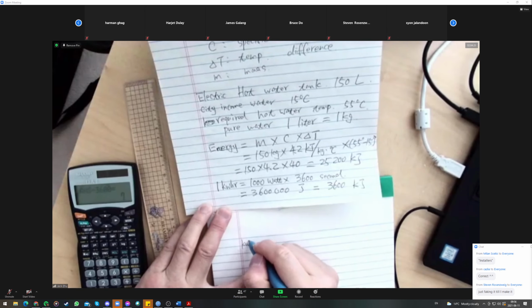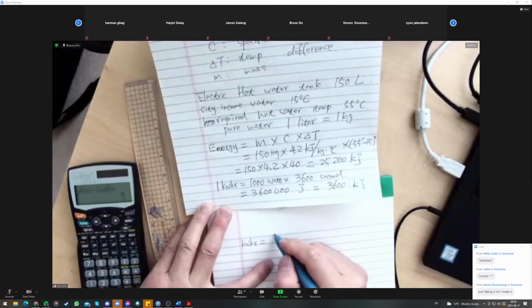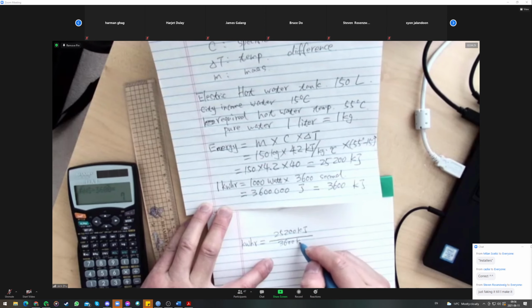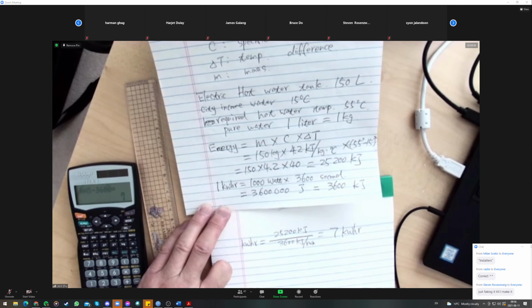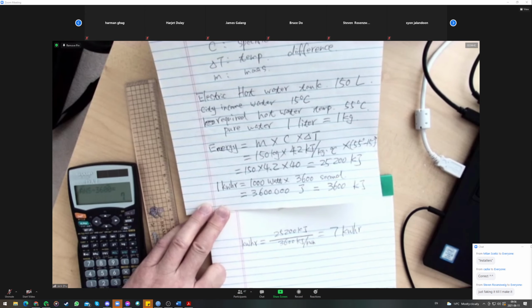The kilowatt hour equals 25,200 kilojoules divided by 3,600 kilojoules per kilowatt hour. Gives me 7 kilowatt hours. Okay.